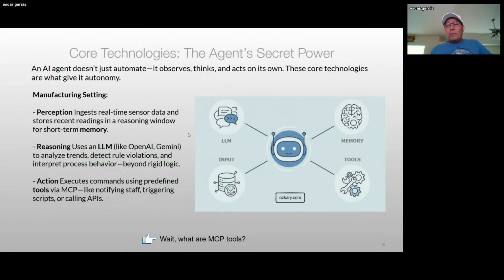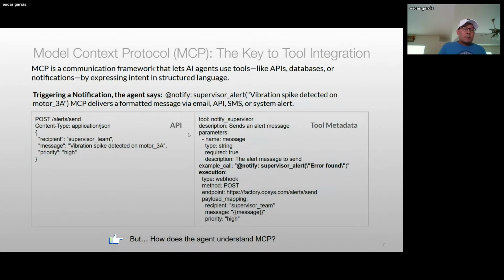And as a matter of fact, what are these MCP tools, right? So there is something called Model Context Protocol, right? And this is really a new communication framework that enables us to basically, with metadata, define a tool, right? And this tool is APIs, databases, email engines, what have you.